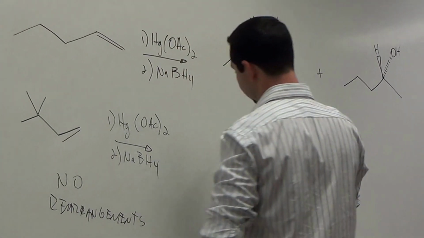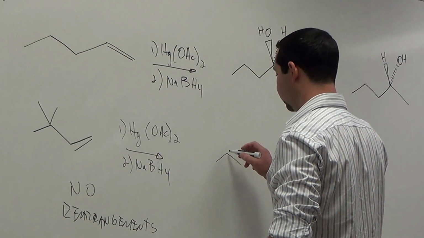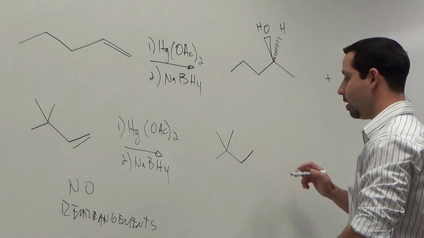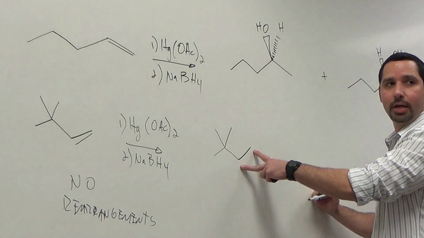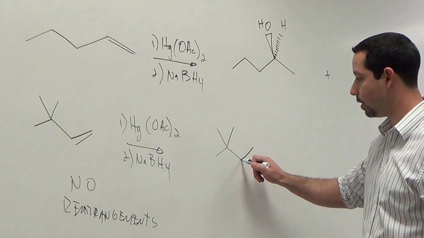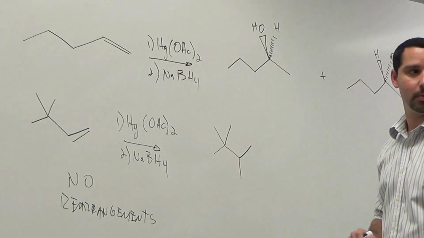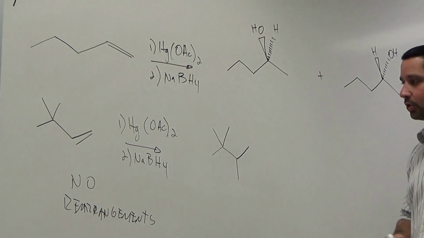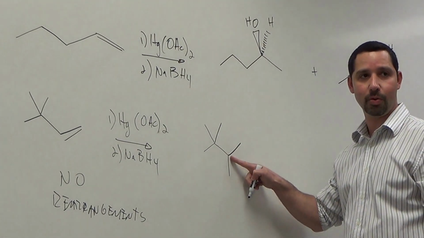So, I redraw this thing. And here's where the double bond used to be. Now, where is the OH going to be? Down here. But you have to know that this will form enantiomers. And this carbon is chiral.